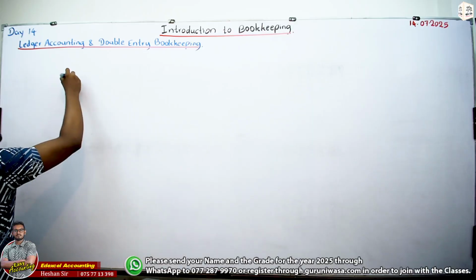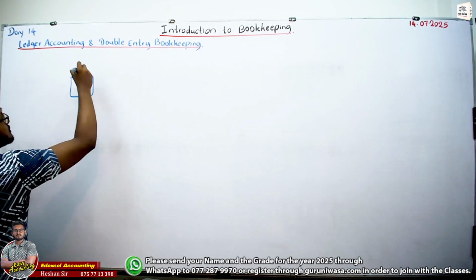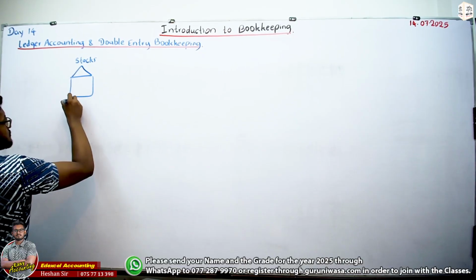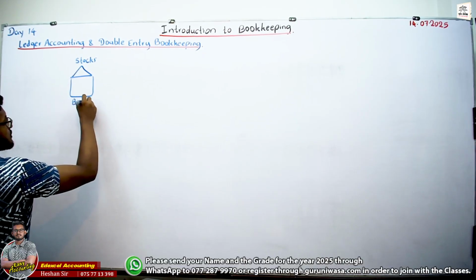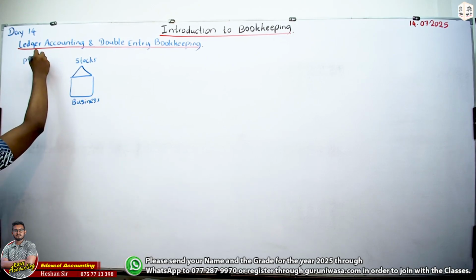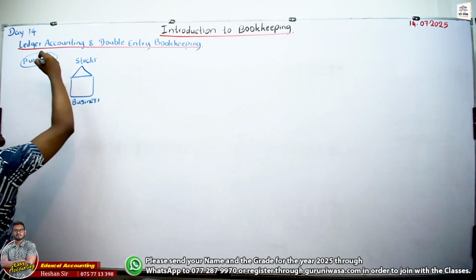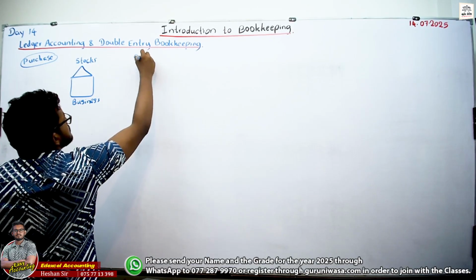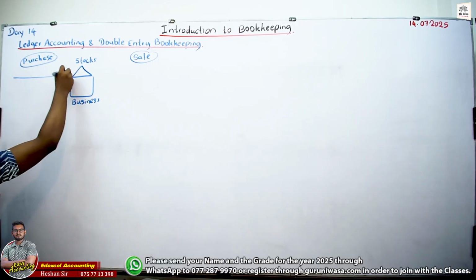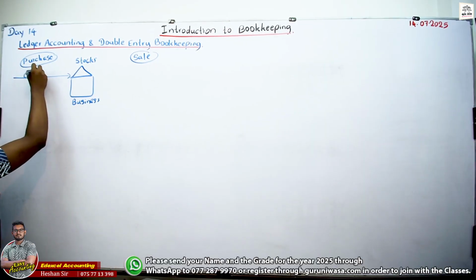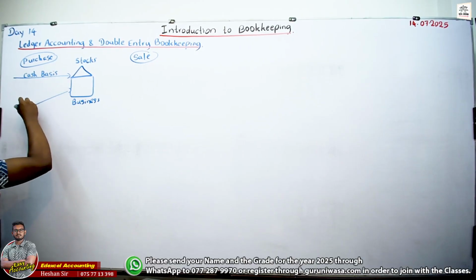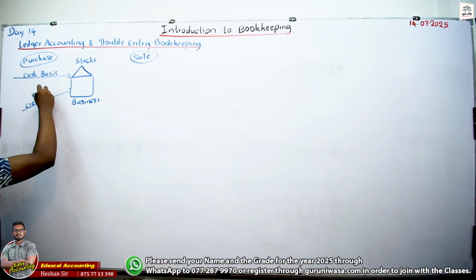Now this is the business, and this is regarding stocks. I told you, the business purchases stocks and the business sells off stocks. A business can purchase goods either on a cash basis or on a credit basis.